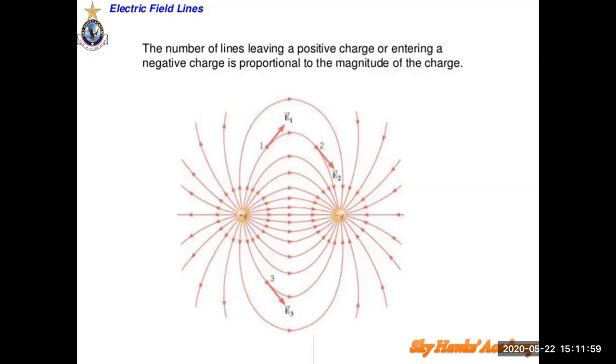Please read this. The number of lines leaving a positive charge or entering a negative charge is proportional to the magnitude of the charge. So one more thing, now we are coming to the mathematical format of these electric field lines. You can see in this figure we have the two charges, and as we were talking about, the lines are coming from the positive charge body and going towards the negative charge body.